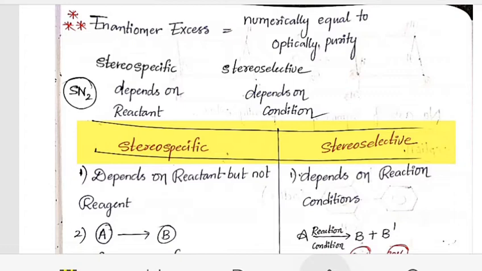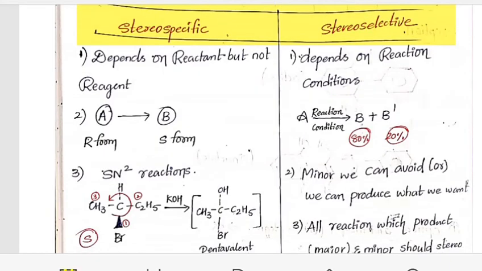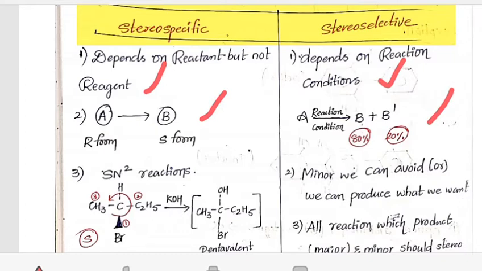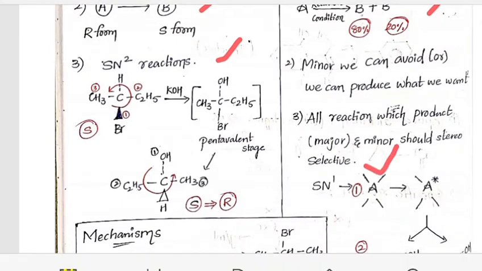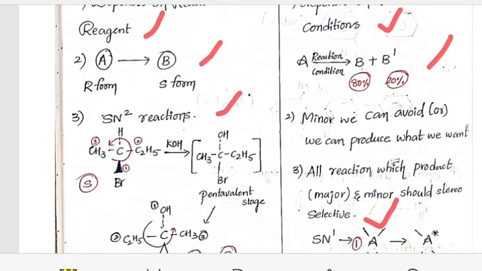And very important and useful for the GPAT are the stereospecific and stereoselective differences. Stereospecific depends on the reaction but not on the reagent, whereas stereoselective depends on the reaction conditions. Here the inversion of the compounds will be formed. Here major and minor products will be formed. The SN2 reaction is an example for stereospecific, whereas the SN1 reaction is an example for stereoselective.